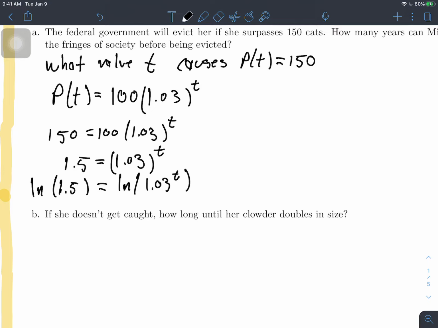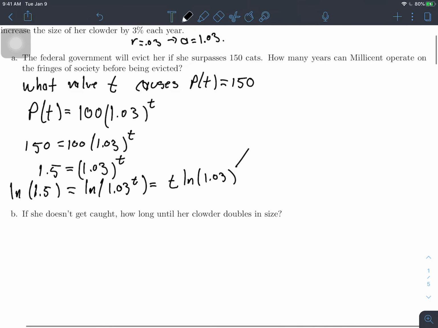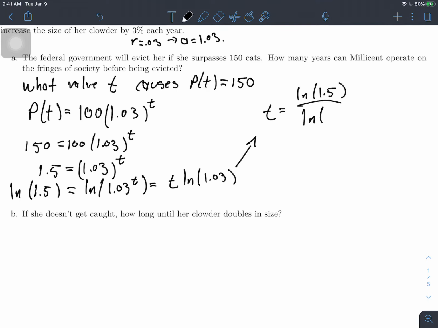Based on my logarithm rules, I know I can bring the t down front and write this as t times ln of 1.03. So now I just need to divide both sides by ln of 1.03 to get my answer. So t is going to be equal to ln of 1.5 divided by ln of 1.03.